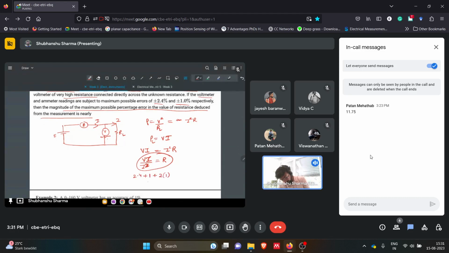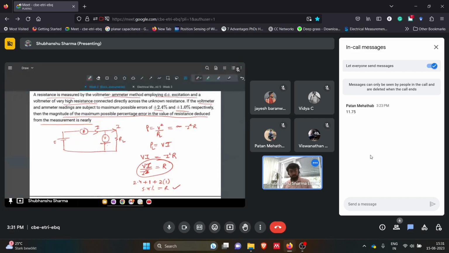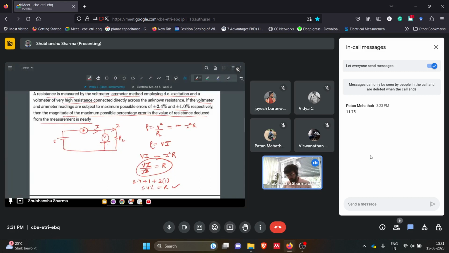So the total will be 2.4 plus 3, that is 5.4 percentage. I think this will be near to 5.4 percentage. Okay, understood.